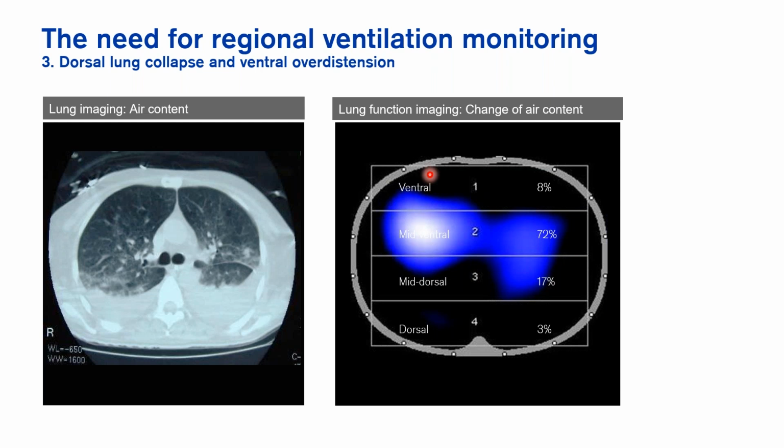That means there is not appropriate oxygenation. That means we're still not reaching our ventilatory goals. And that's why PulmoVista is extremely valuable, because we are not looking at a static picture at a point of time, but we are actually looking at the changes in the lung volume. As a result, we are looking at the changes in the regional ventilation distribution.